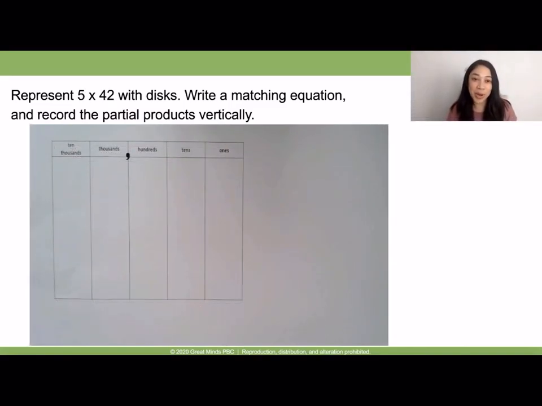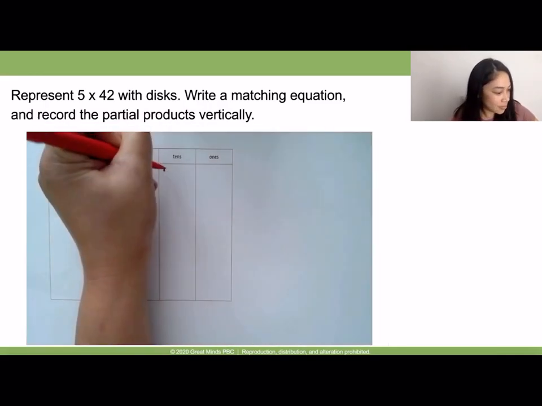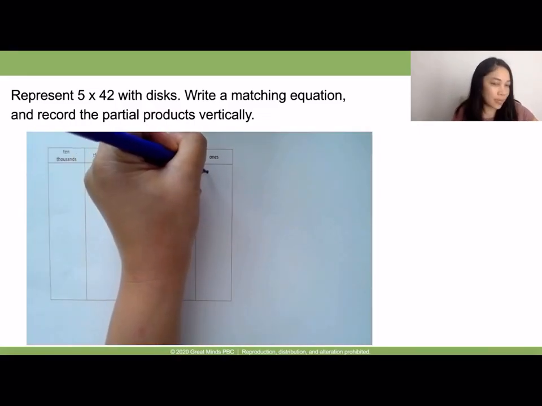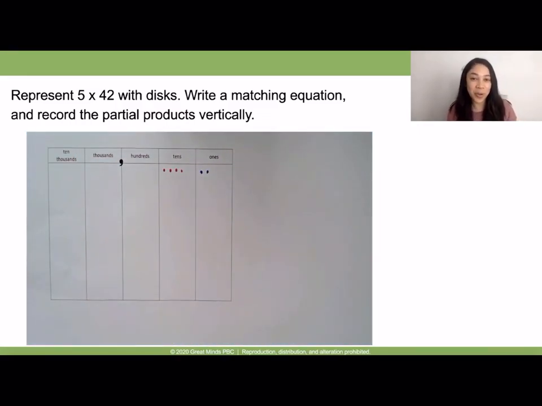Draw discs to represent the number 42 on your place value chart now. What is 42 in unit form? 4 tens, 2 ones. We're now going to draw 4 more groups of 42 on our place value charts.